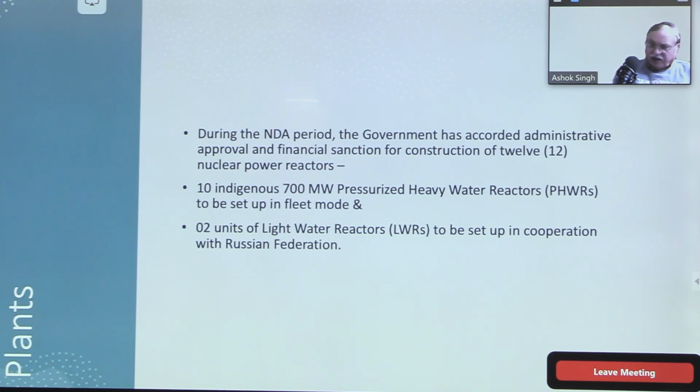Others from France and USA and Japan have not been finalized. There is a memorandum of understanding, MOU, but it's not been converted into a final contract. So these the government has allowed.